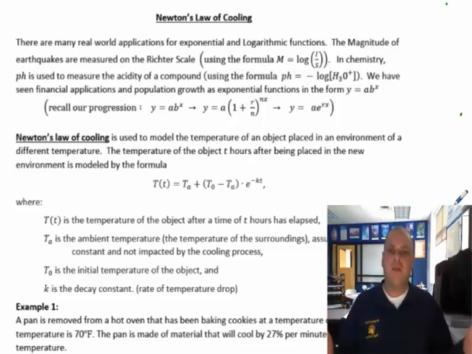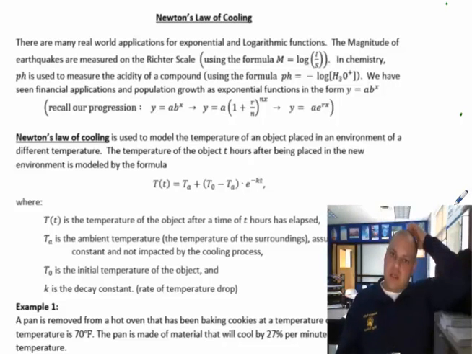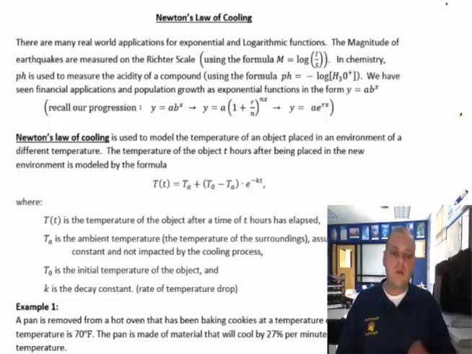So think about this situation. You take something out of an oven, or you take a pan off the stove, or you have a hot cup of coffee, hot chocolate or something. That's a good example. You have a cup of hot chocolate, and you just poured it and set it down.